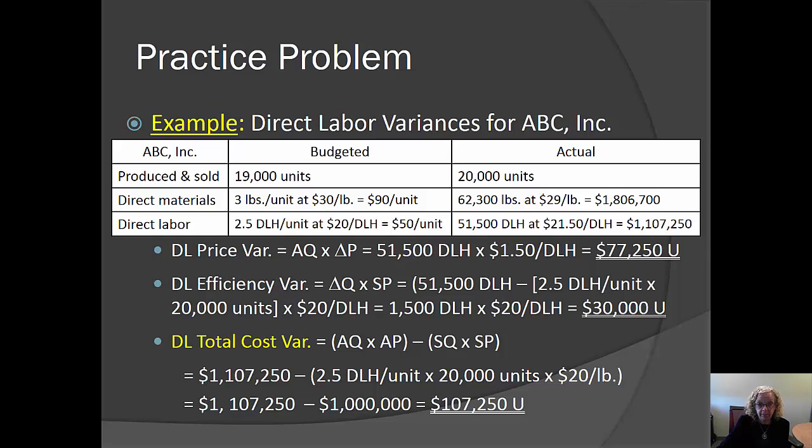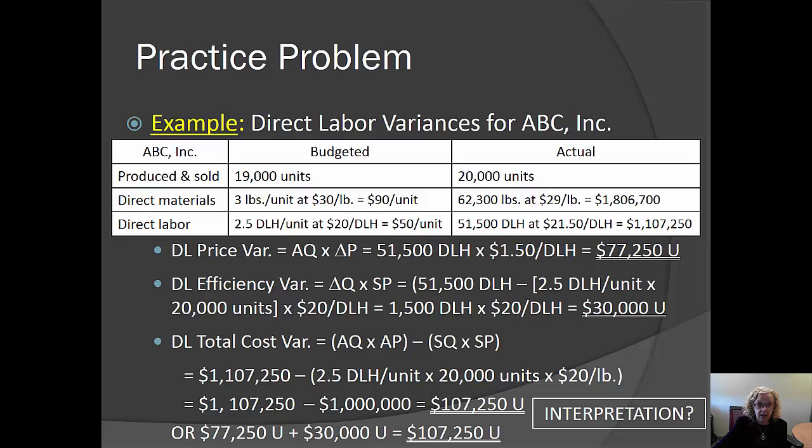One possibility that we might consider is the fact that our unfavorable labor efficiency variance is related to the quality of our materials. Alternatively, you can combine the unfavorable price variance and the unfavorable efficiency variance, and it should take you to exactly the same place.